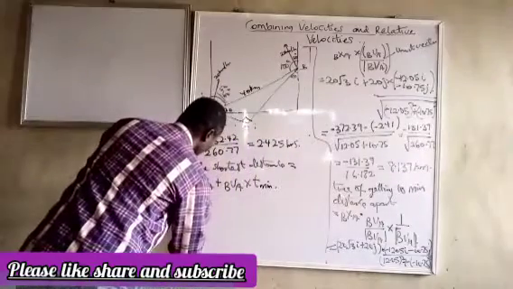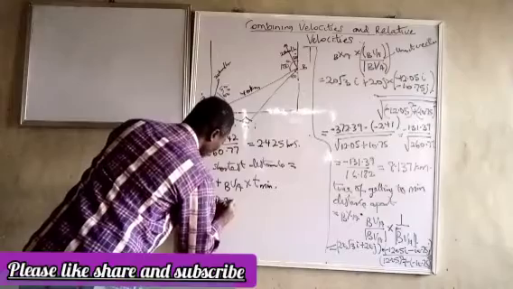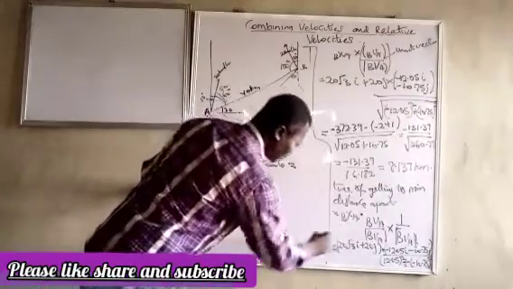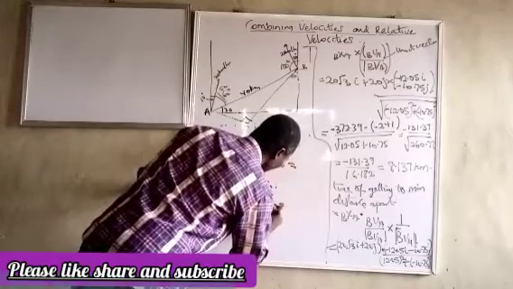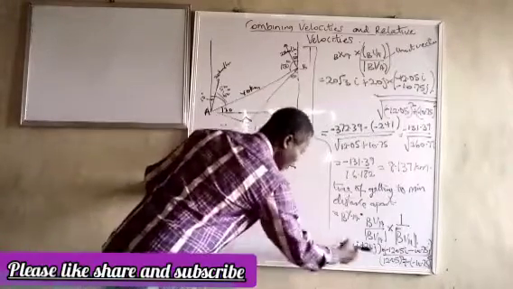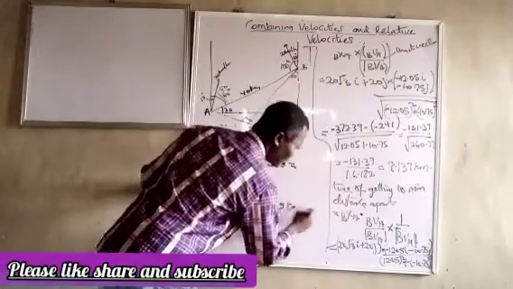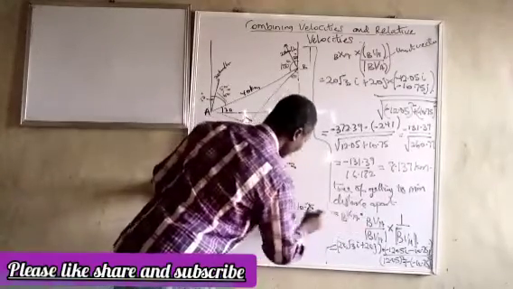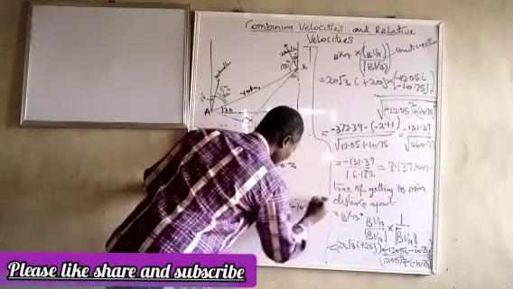That is 20 root 3 i plus 20 j plus minus 12.05 times this time, minus 10.75 times the time, j.